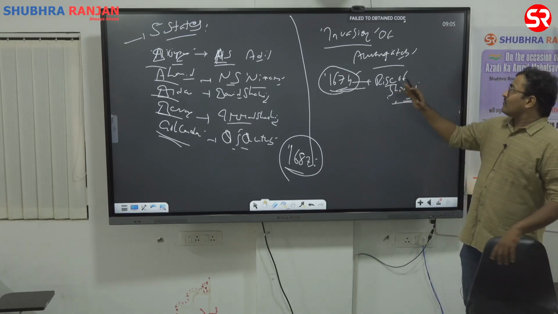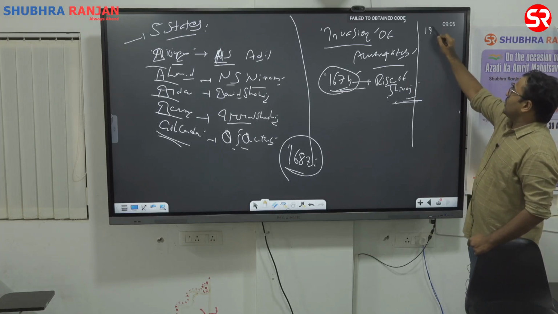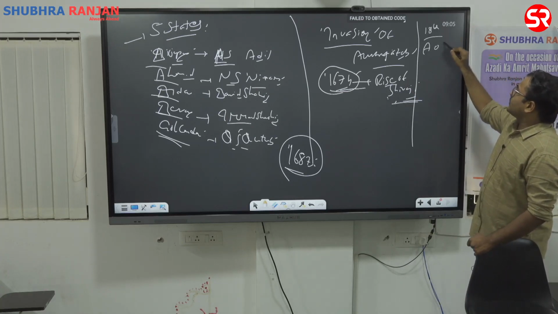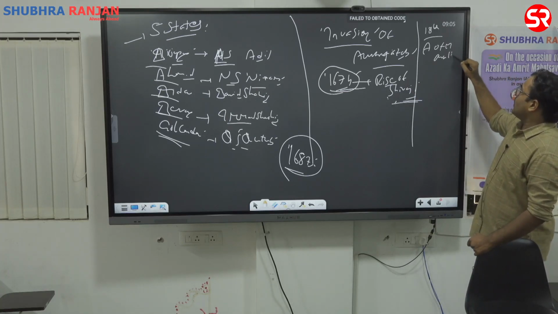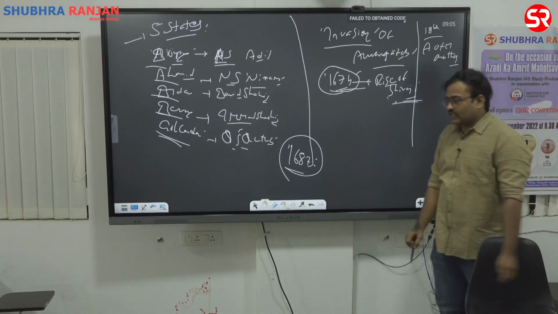After this, the 18th century in India is known as the age of Marathas, because the Marathas became the most powerful ruling dynasty during this period.